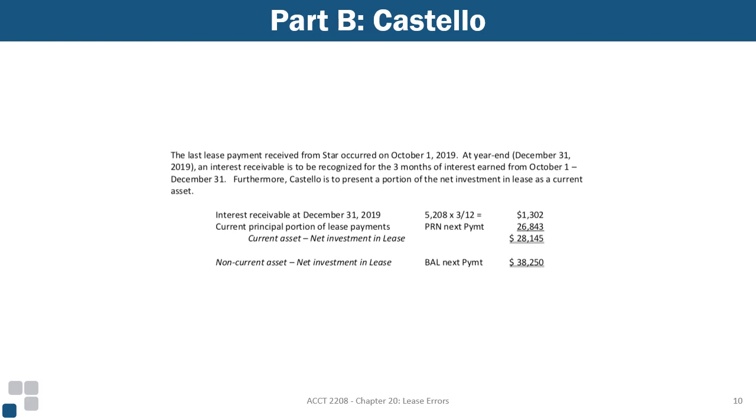So I was saying before, basically, at the end of 2019, an interest receivable has to be recognized for 3 months of interest from October 1st to December 31st. So basically, that 5208, which is the next period's interest, 3/12 of that to go from October to December needs to be set up as a receivable.